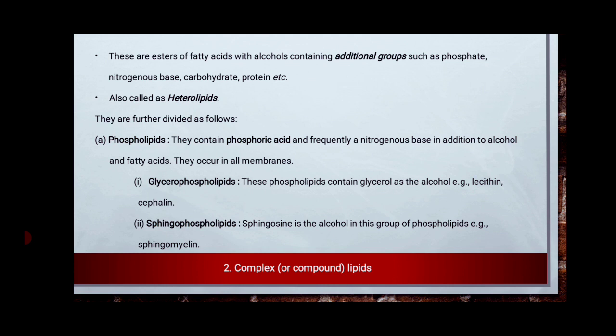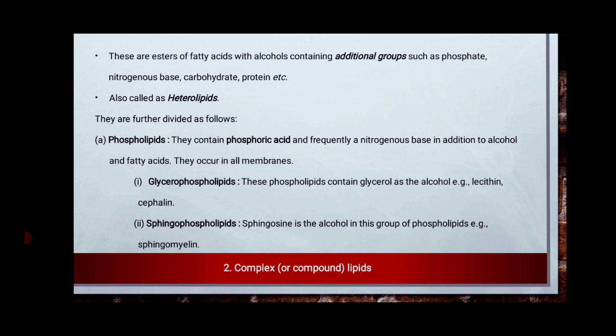These are esters of fatty acids with alcohols containing additional groups such as phosphate, nitrogenous bases, carbohydrates, protein, etc. So here the fatty acids and alcohols are common. In addition to that, other chemical groups are also present like phosphate, nitrogenous base, carbohydrate, protein, etc. That's why they are also called as heterolipids.